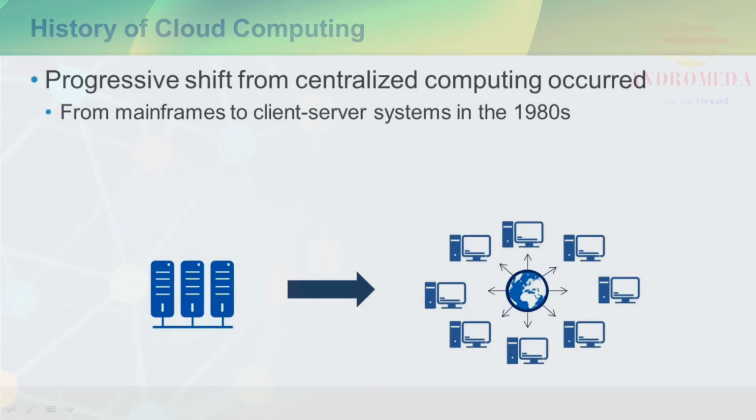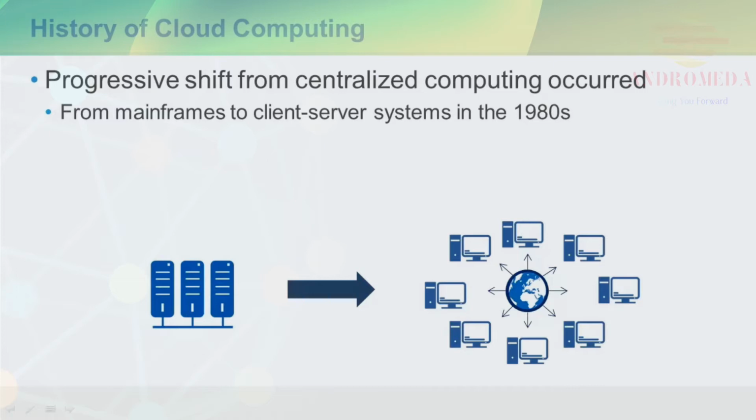So, despite the fact that there was this early virtualization capability, there started a progressive shift from this centralized computing, which again was everything running on the mainframe, to a more client-server type of system in the 80s. This is where we had smaller systems because mainframes were physically very large and took up a lot of space. So a few more smaller servers were introduced wherein we could store data and access the information that we needed from those servers.